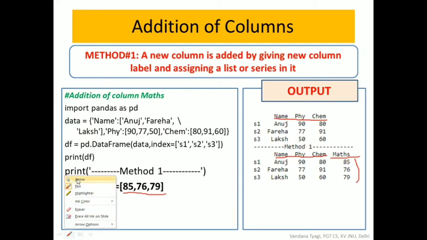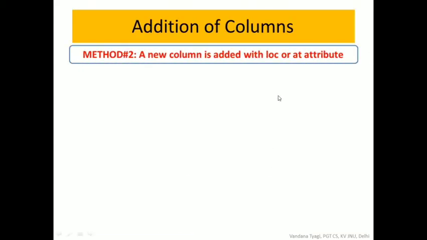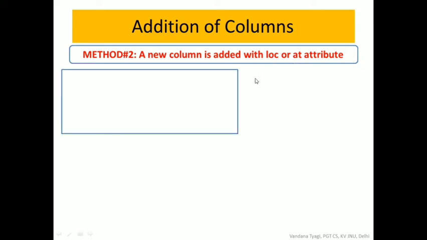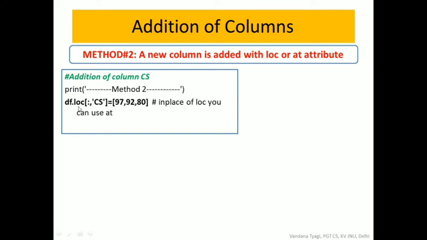Now moving on to the next method. The second method uses the loc or at attribute. This loc we just touched on in session 1. Here we see it working in detail. We simply write df.loc, then because we are writing the marks for every row, we store an empty slice operator for all the rows to be considered, and this is the new column name we have written.